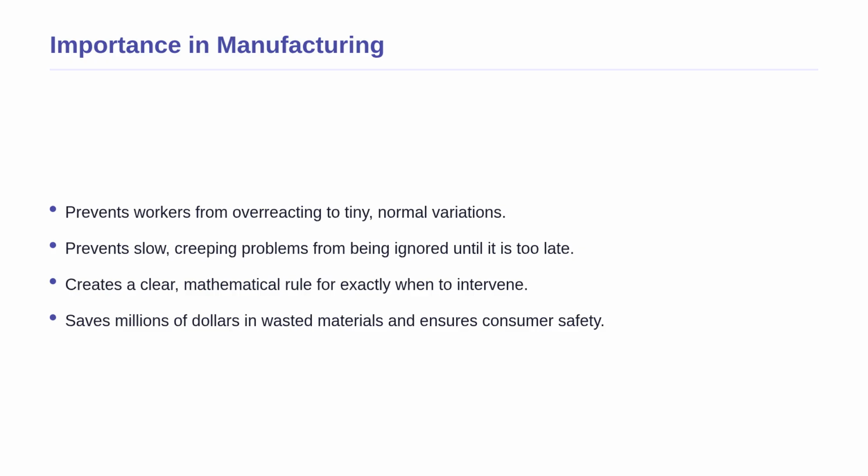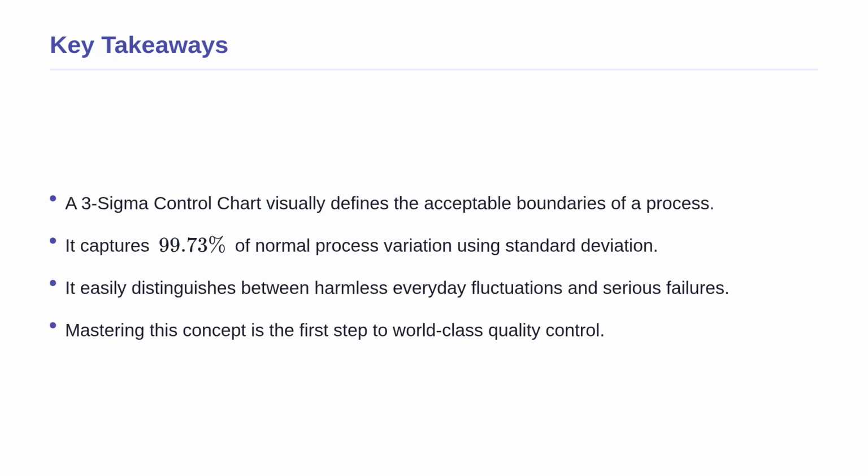We have covered a lot of ground today, so let us summarize the key takeaways. First, a 3 sigma control chart is a visual tool that defines the acceptable boundaries of a process using the mathematics of standard deviation. Second, by setting limits exactly 3 standard deviations above and below the average, the chart captures 99.73% of normal process variation.